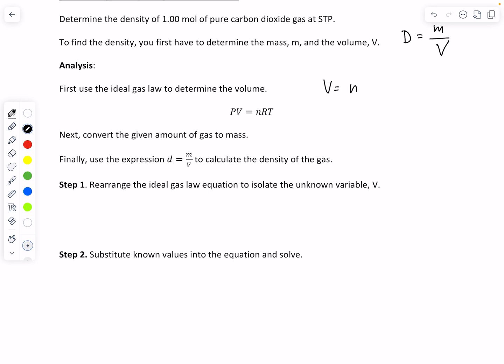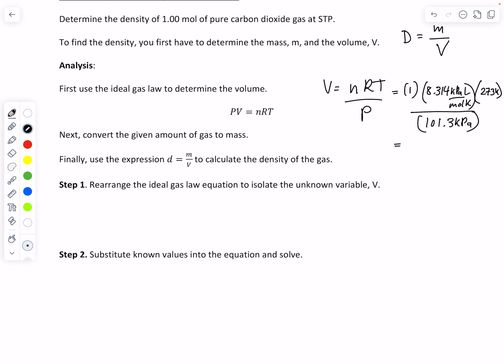Volume is equal to nRT over P. We have 1 mole times 8.314 kilopascals times liters per mole Kelvin times a temperature of STP, 273 Kelvin, divided by a pressure of 101.3 kilopascals.